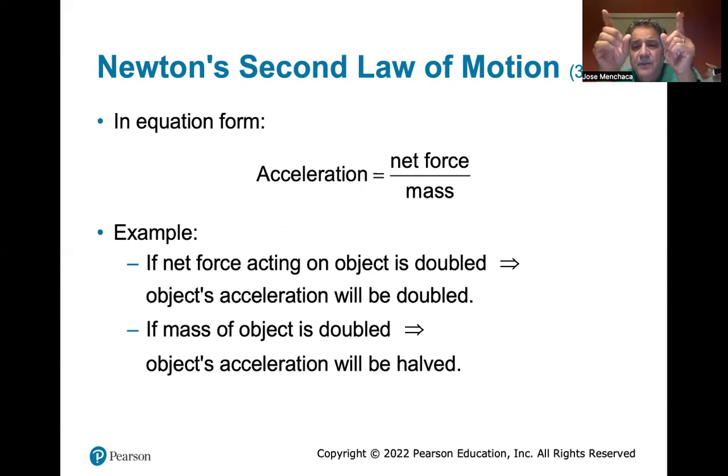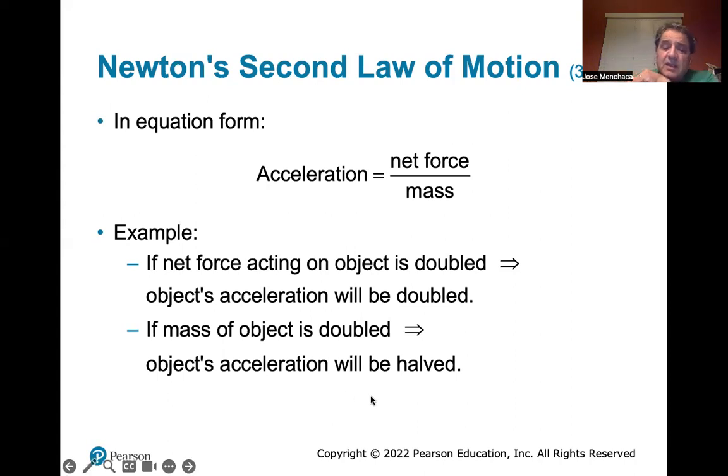Acceleration is a vector. The net force is a vector. If you multiply or divide a vector by a scalar, and mass is a scalar, you're going to get the same direction of the vector, only in different proportion.